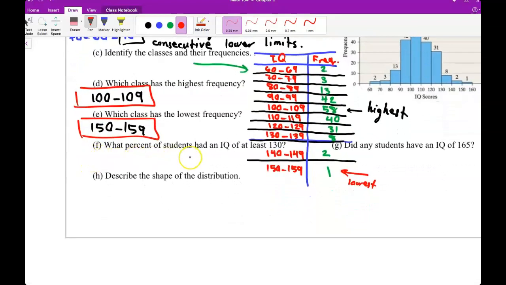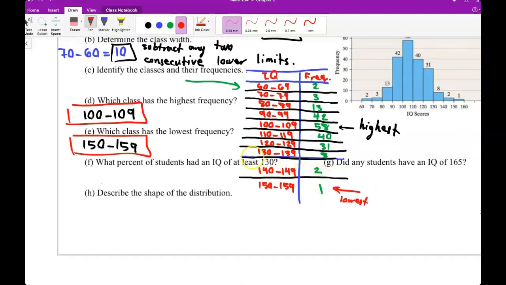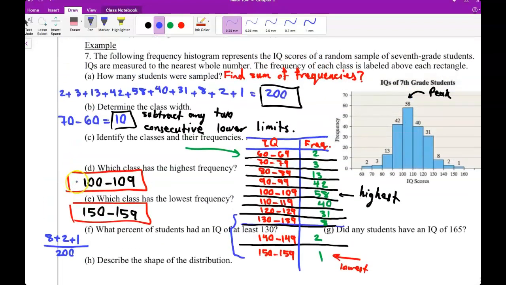Part F, what percent of students had an IQ of at least 130? Well, at least 130, so we have 130 or higher. And the frequency is these 3 classes, with frequencies 8, 2, 1. We have 8 plus 2 plus 1, and since it's asking for what percent of students, we divide by total number of students, which was 200 from first part.